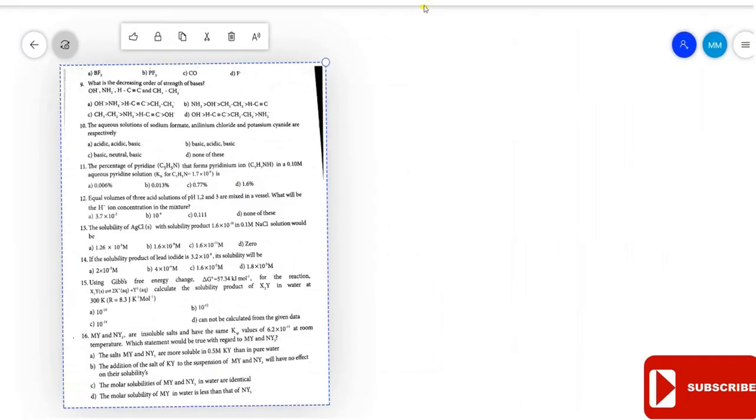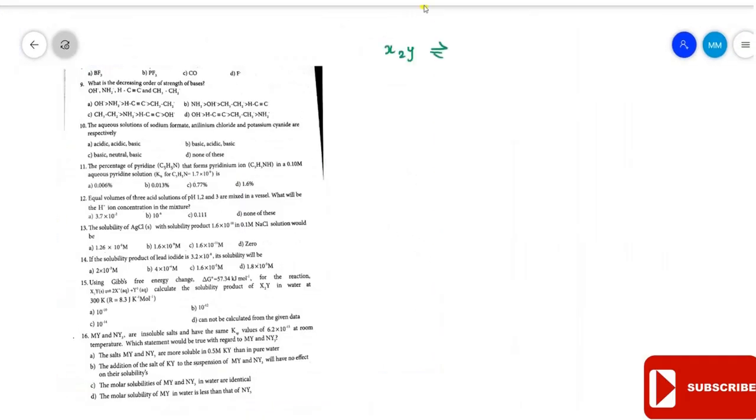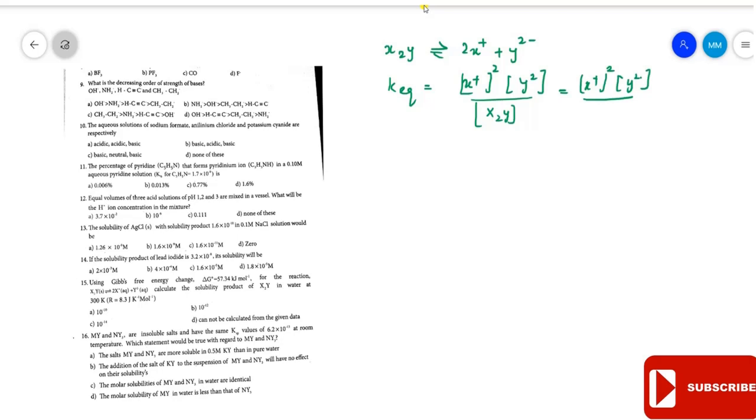X2Y dissociates to give the ions 2X plus and Y2 minus. Suppose you are writing K equilibrium for this: X plus power 2 into Y2 minus divided by X2Y. This is equal to X plus 2 Y2 minus divided by 1 because X2Y is equal to 1.